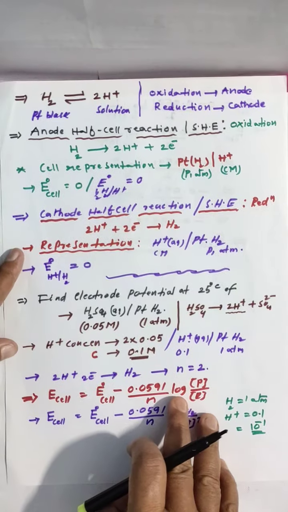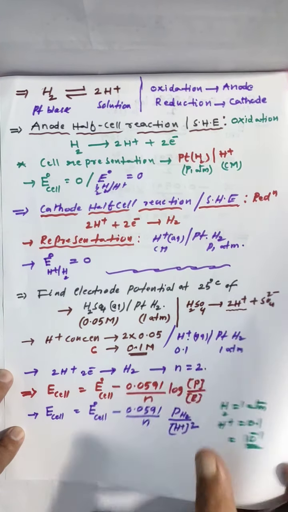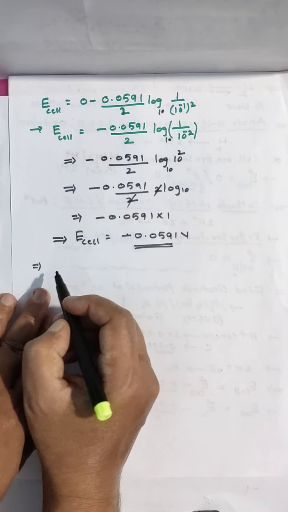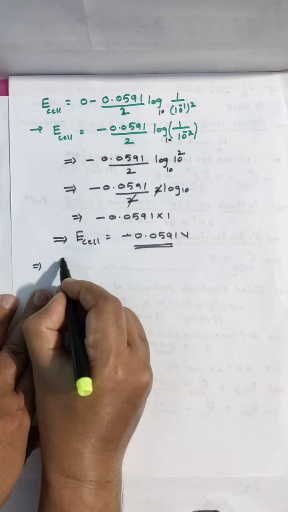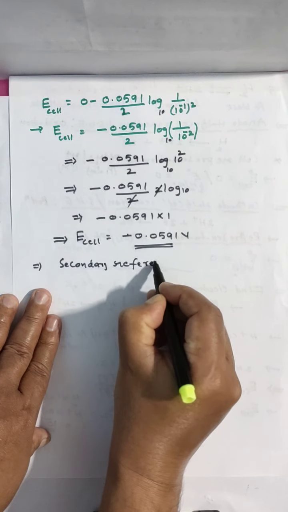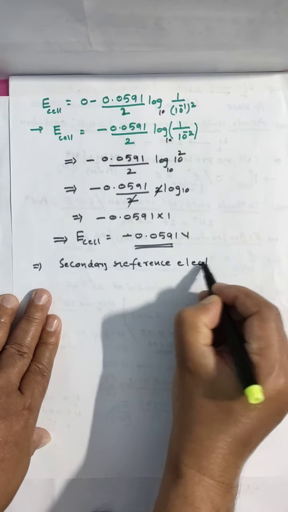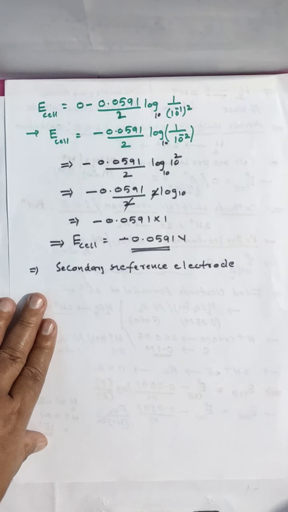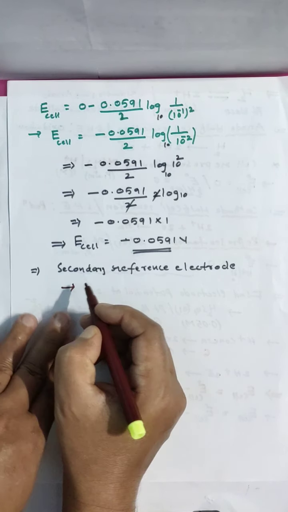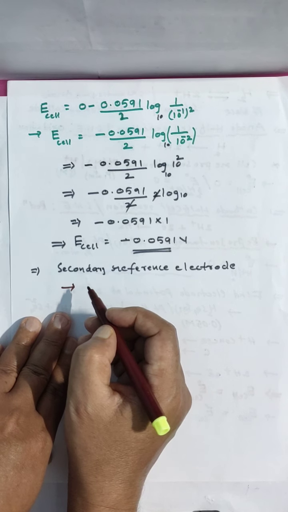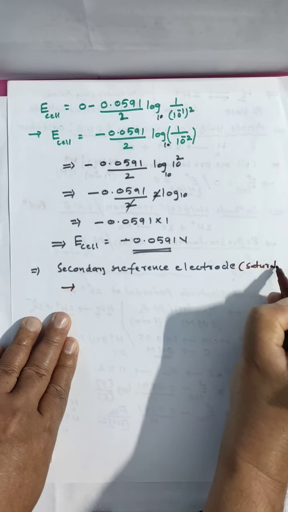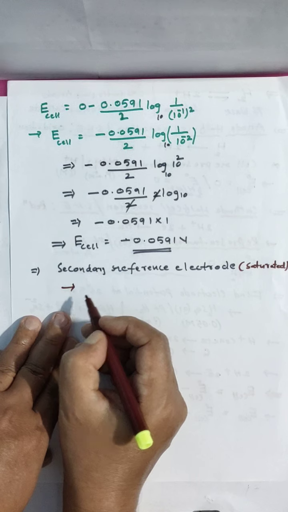So the standard hydrogen electrode is a reference electrode, and recently another reference electrode also we got, that is the secondary reference electrode, introduced by scientists.